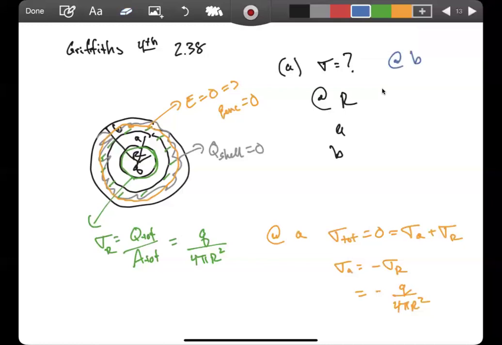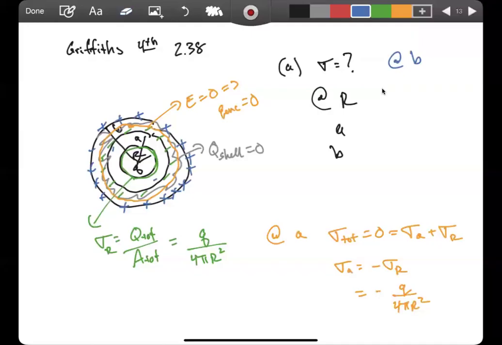So finally, at B, since all the negative charges have moved to the surface here, then all the positive charges must be at the surface here. And since this thing has no net charge, that means that if the inside portion has surface charge density of sigma A, then the outside portion, which has a surface charge density of sigma B, have to sum together to give me a total charge of 0.